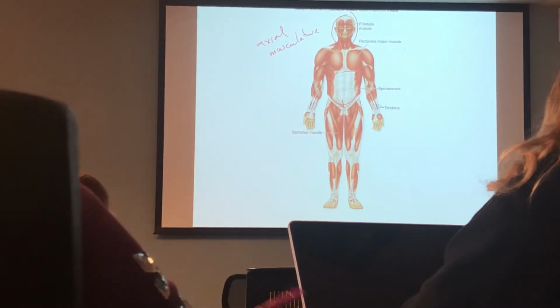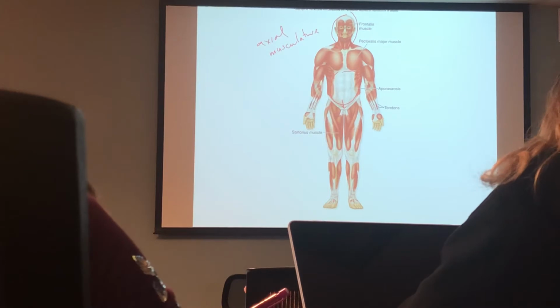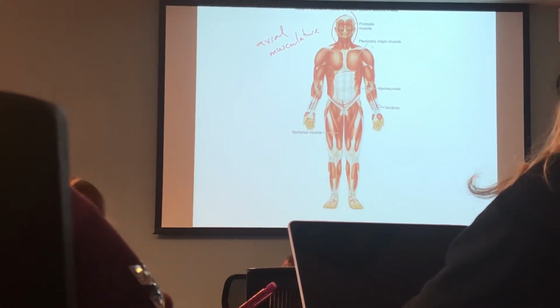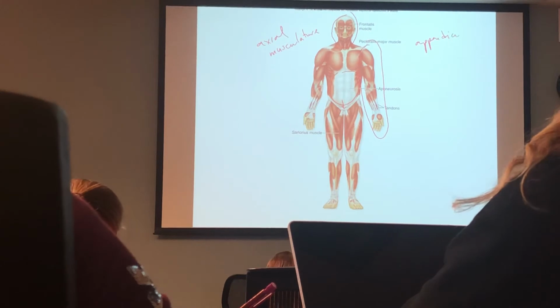Then everything else, for example your shoulder blade, I should say your scapula, or pectoral girdle, and your upper extremities, that's your appendicular musculature. So you have your axial and your appendicular musculature.